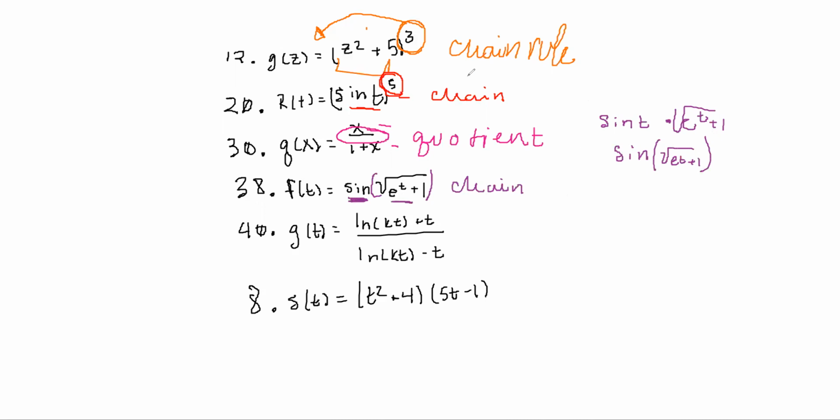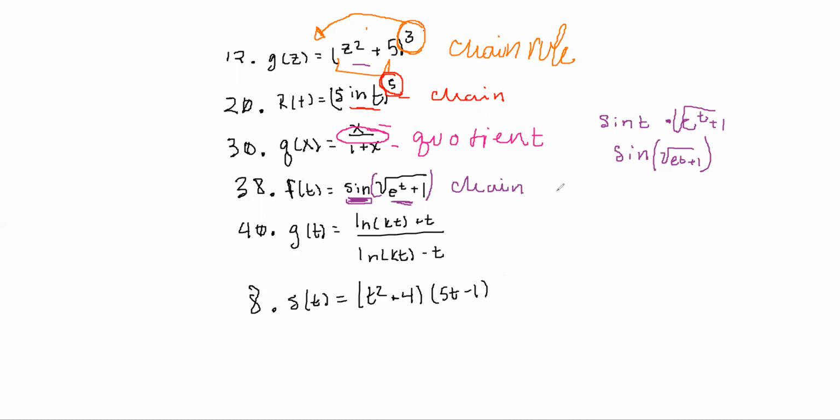So the chain rule doesn't always look like an exponent on the outside and a function inside. You always have some outside function, in this case sine, and an inside function, in this case the square root of e to the t plus 1.